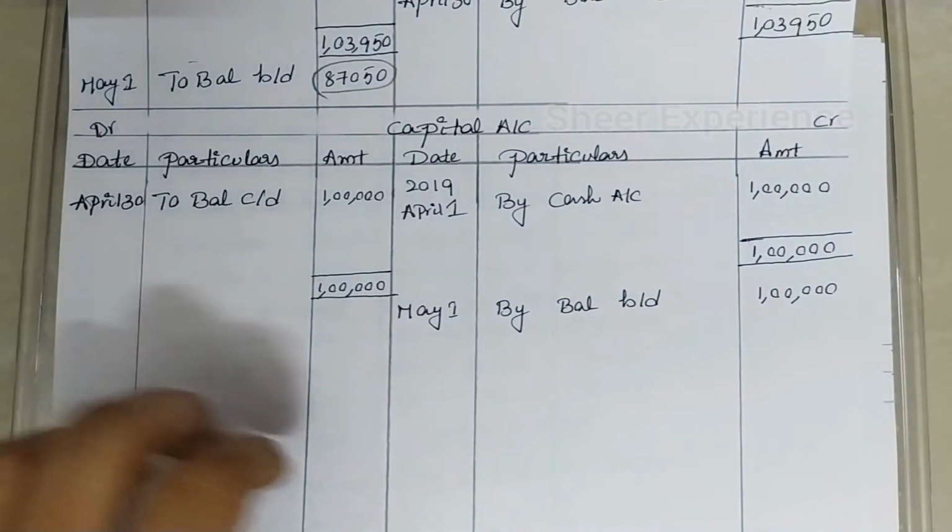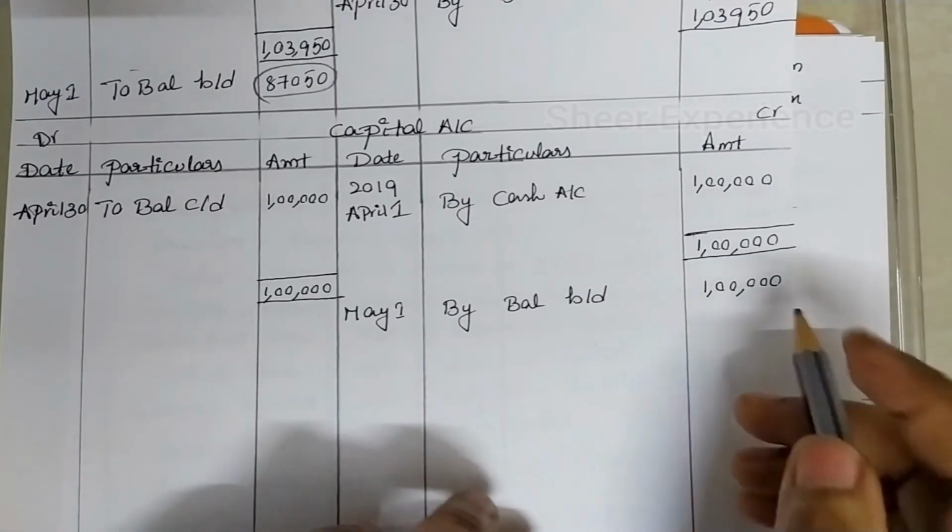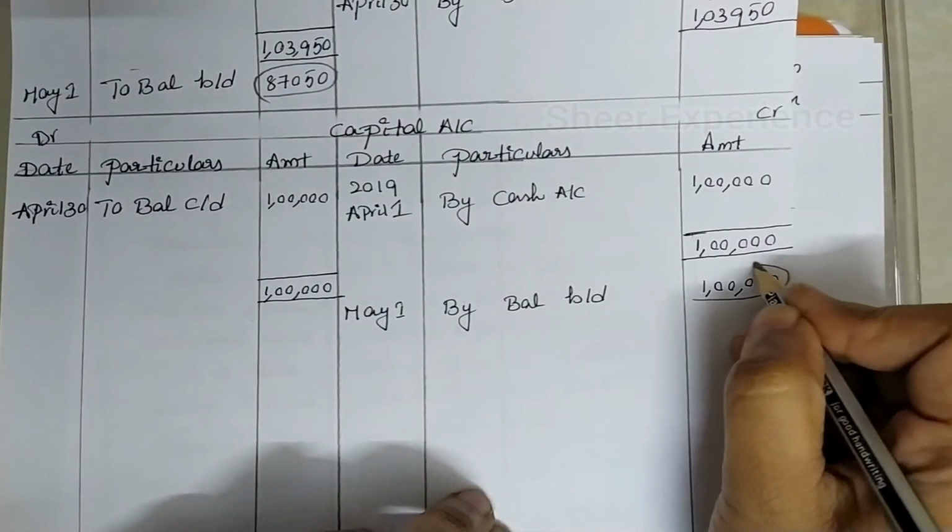The balance brought down amount is 1 lakh. So this is the balance for capital account.